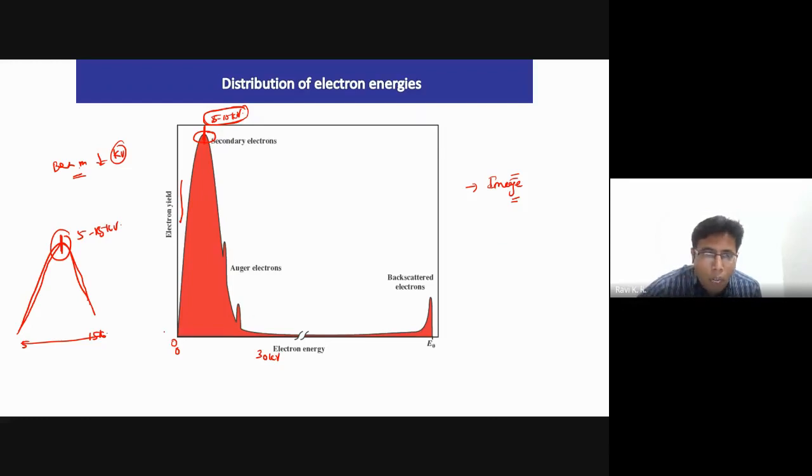Now why is this increasing? Let's say you are getting an increase up to this point. Suppose this is your sample, this is your electron beam, and this is the probe diameter.